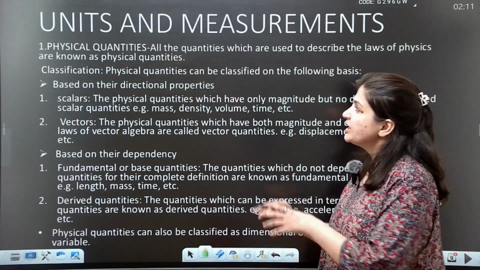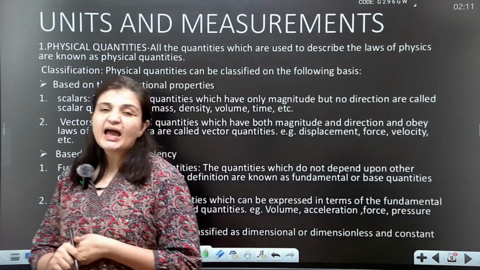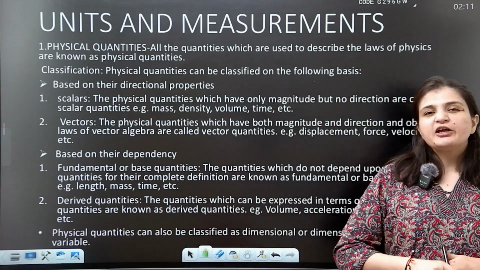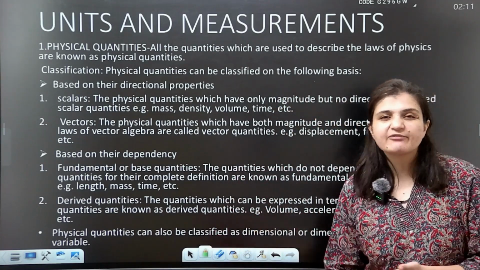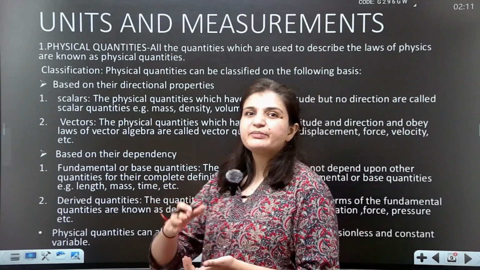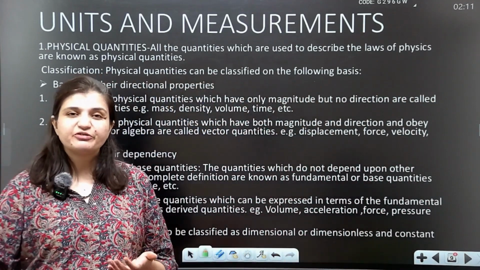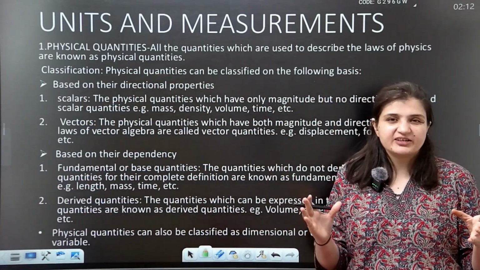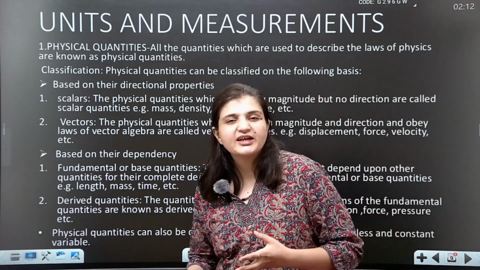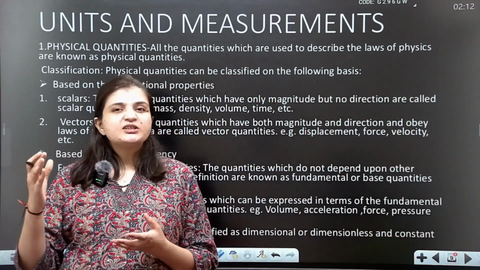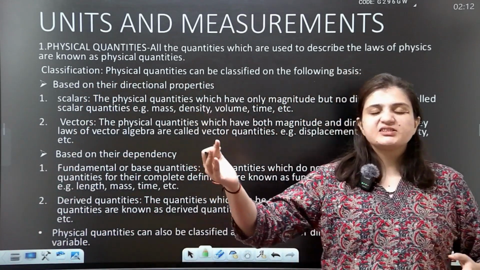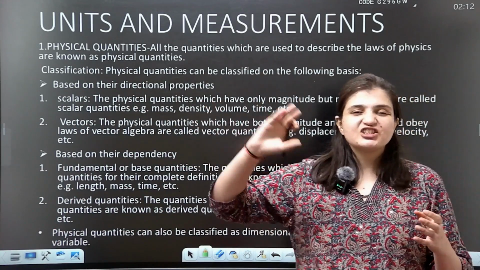Now students, let's come to units and measurements. We have various terms, like in a family, we have various terms for many relations and for many friends. We have certain names for them.